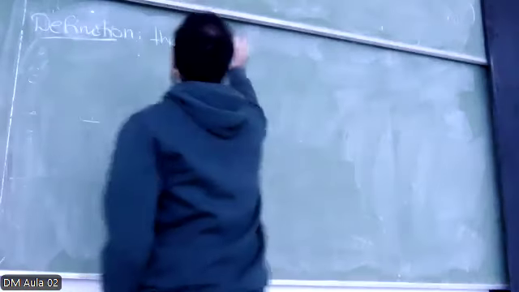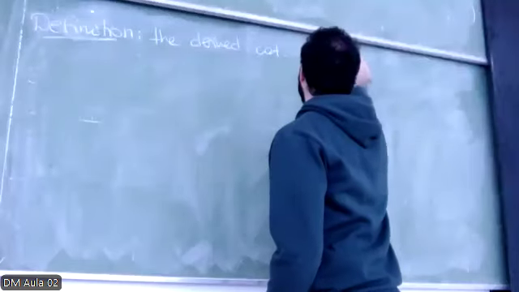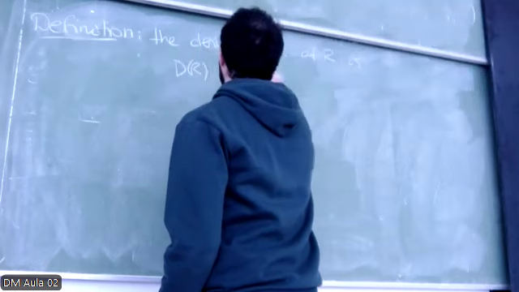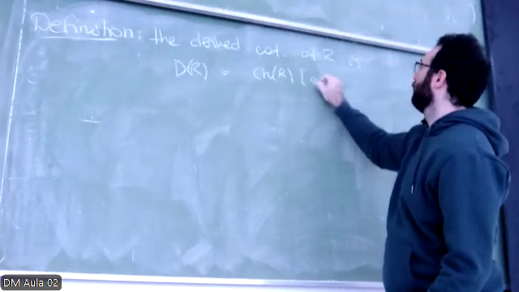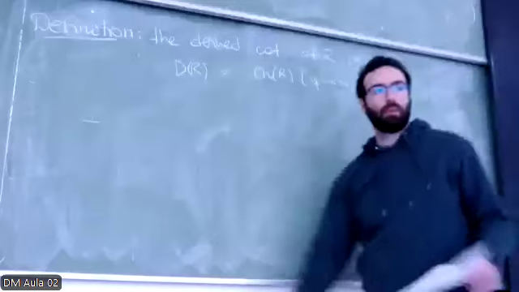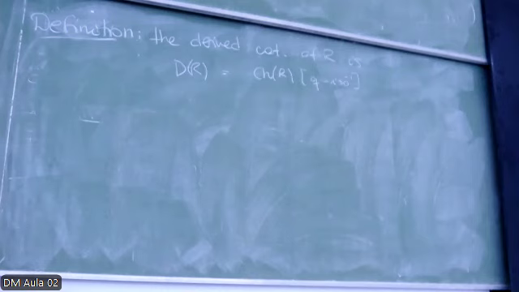So the derived category of R is the one category of chain complexes viewed as an infinity category, localized at the quasi-isomorphisms. Okay. If you take the homotopy category, you get the usual classical derived category.